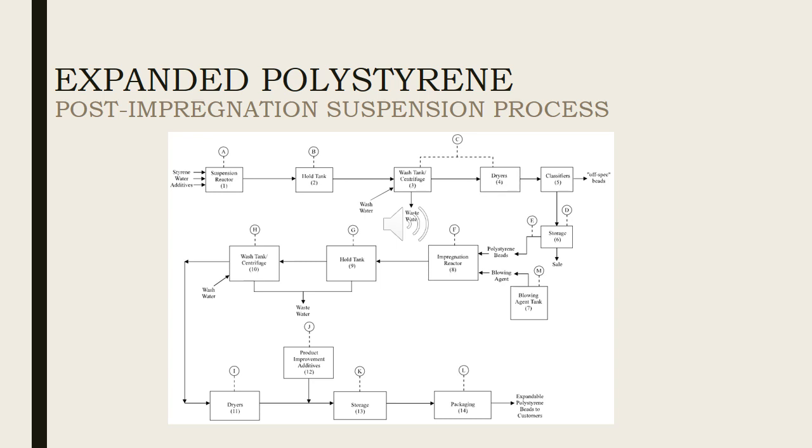From the dryer, the expanded polystyrene beads may undergo sizing, if not already done, before being transferred to storage silos, unit number 13, or directly to packaging, unit number 14, for shipment to the customer.